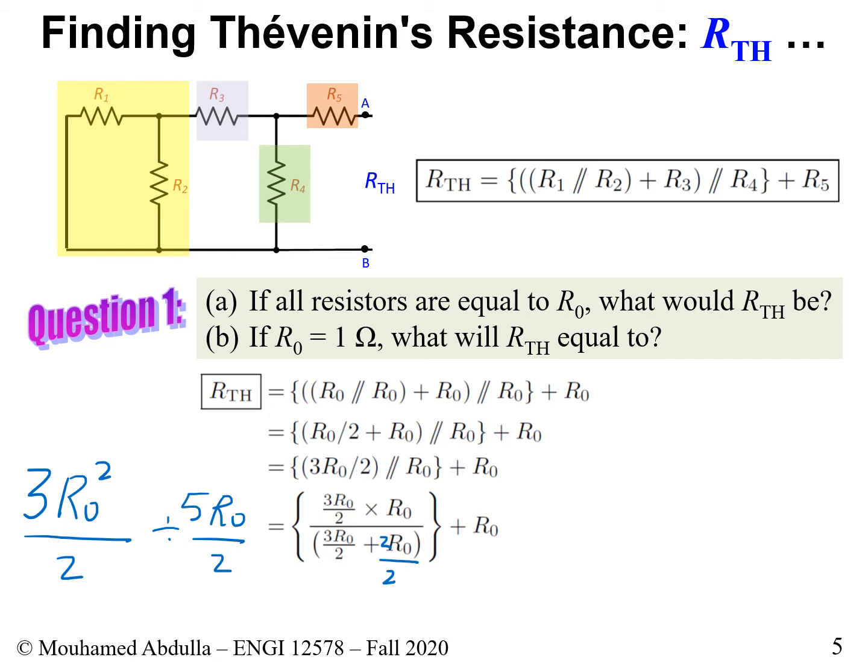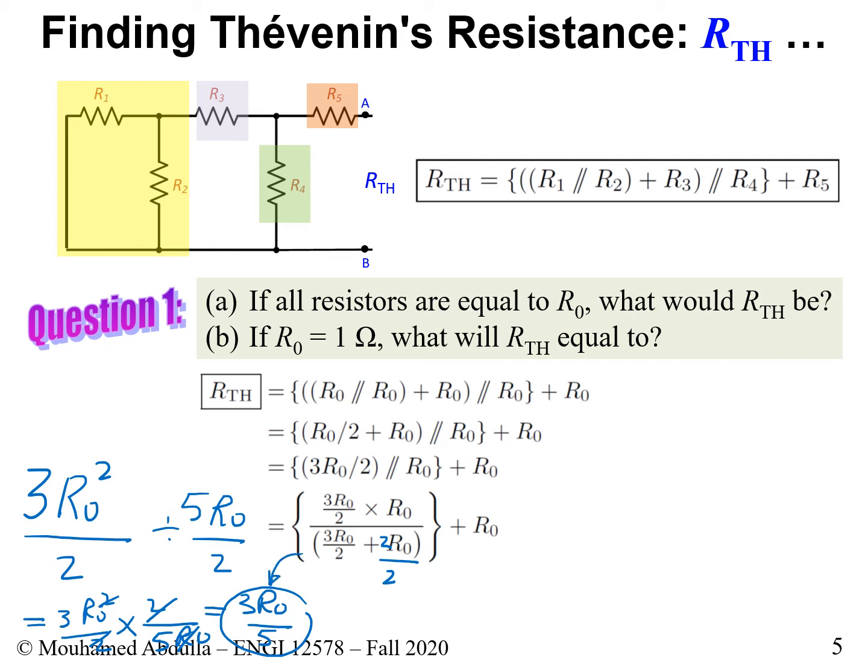So now you basically get 3 R0 squared divided by 2 times 2 over 5 R0. 2 and 2 cancel. R0 with R0 cancels. So now we have 3 R0 divided by 5. This is the result that we got. So all this bracket will basically equal this.